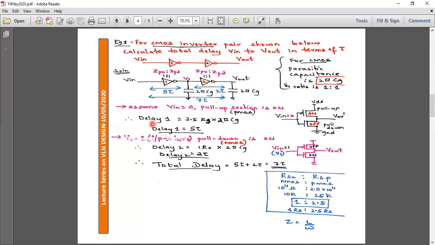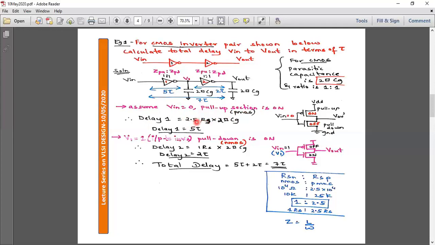Let me repeat: delay is nothing but sheet resistance into parasitic capacitance. Sheet resistance has to be multiplied with either the pull-up ratio or the pull-down ratio depending on the turn-on conditions. When Vin is 0, my pull-up section is on, and pull-up is a PMOS device. For inverter 1, the pull-up ratio is 1 and the resistance for PMOS is 2.5.